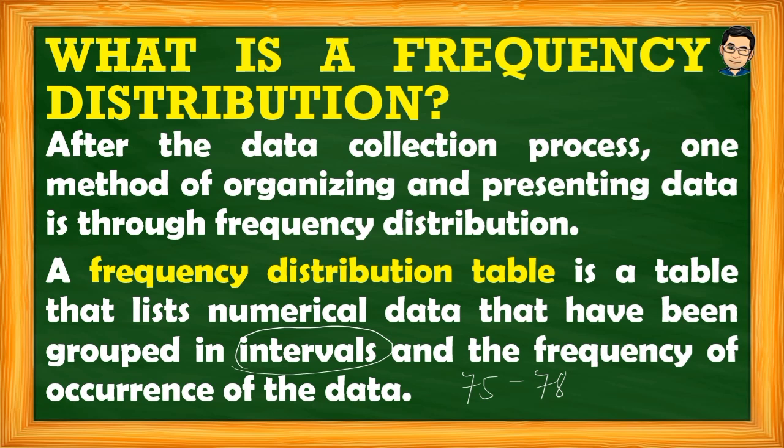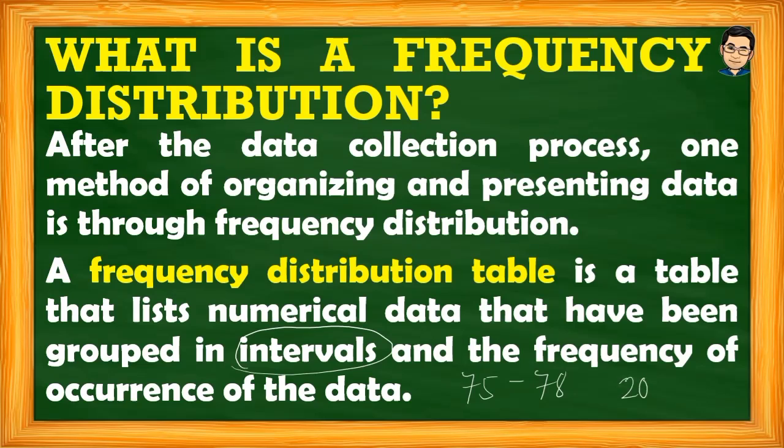Kailangan po natin gamitin yung table na yan para makita natin kung alin dun sa mga data natin ang nakakaangat, alin ang most frequently occurring. Kung halimbawa sa mga students, maaring ang frequency ng 75 to 78 ay 20.